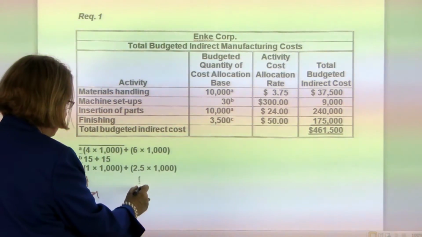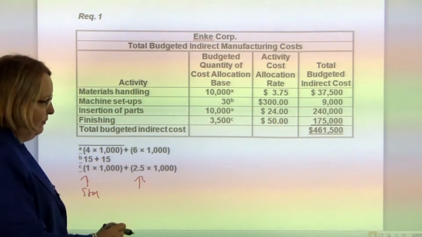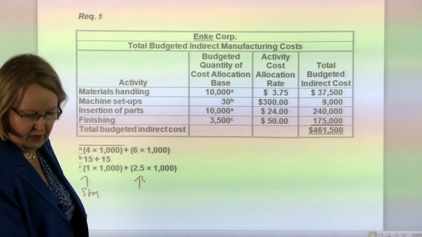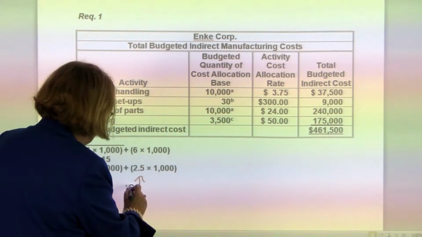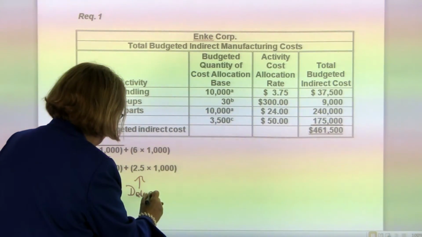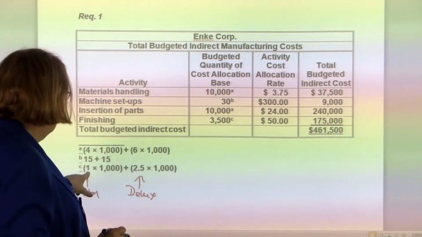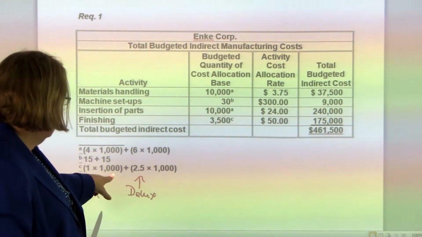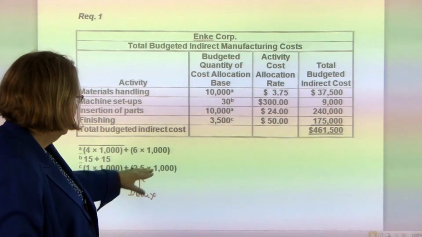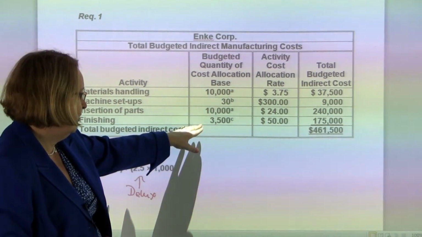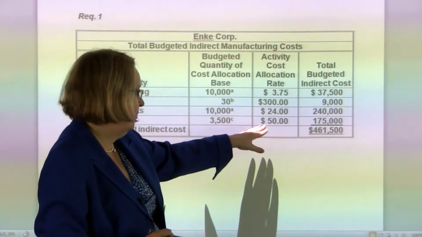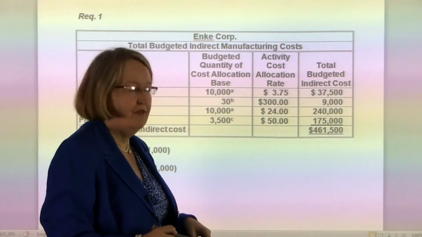And it's taking 2.5 hours per wheel for the deluxe. So this is deluxe. So this is 1,000 plus 2,500 equals 3,500 times your allocation rate will give you 175,000.